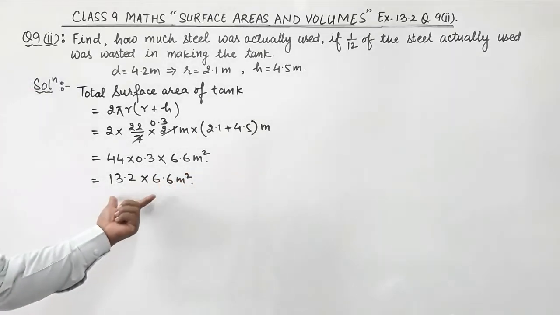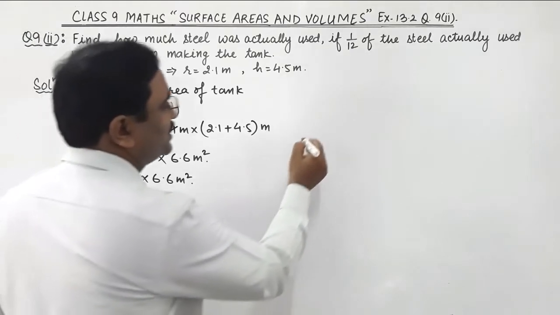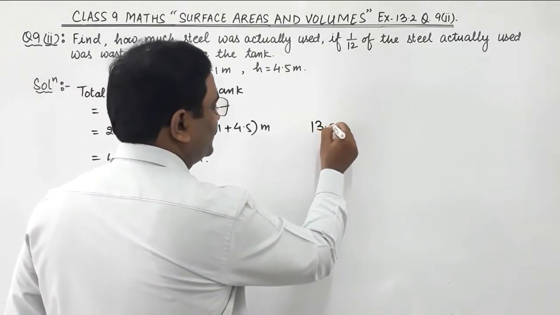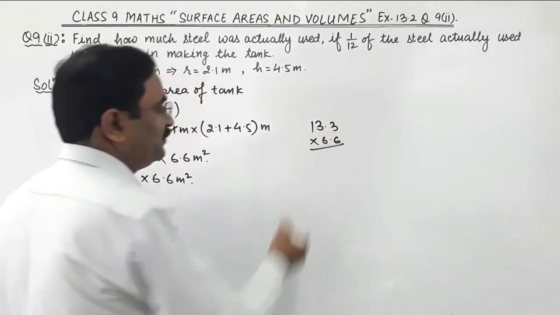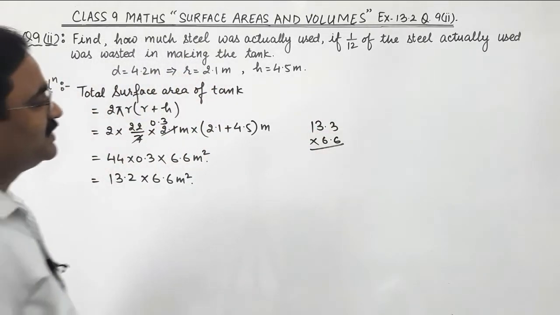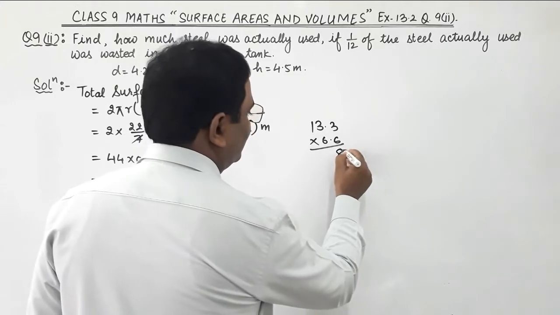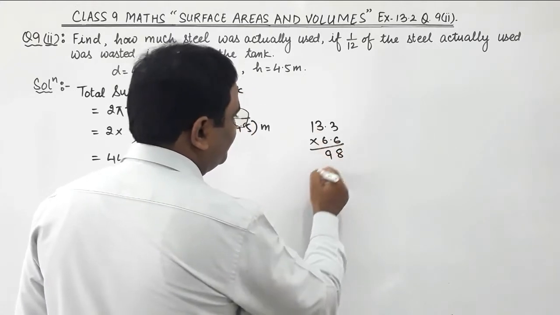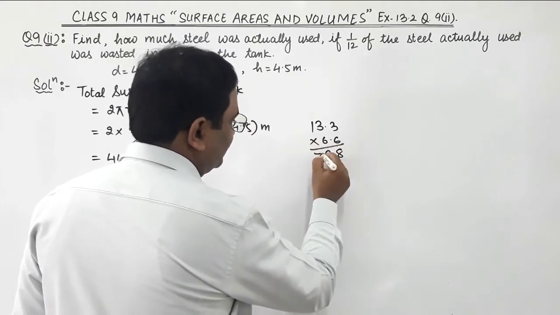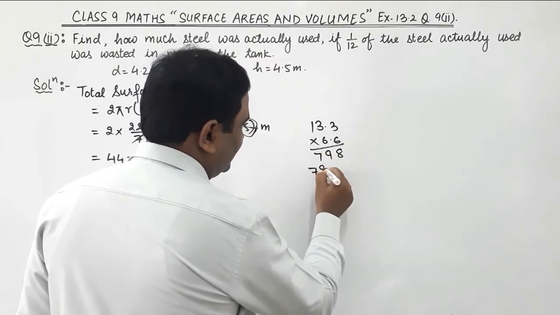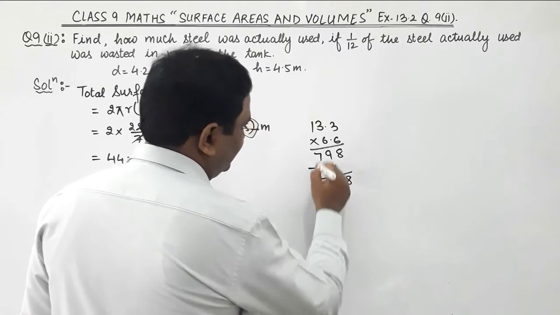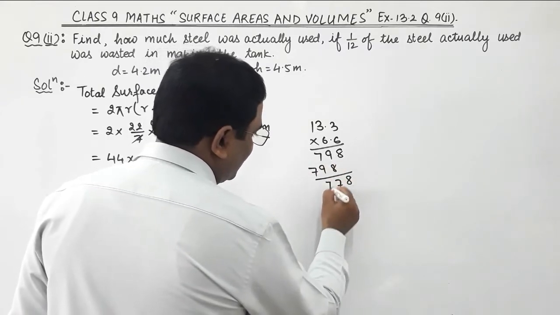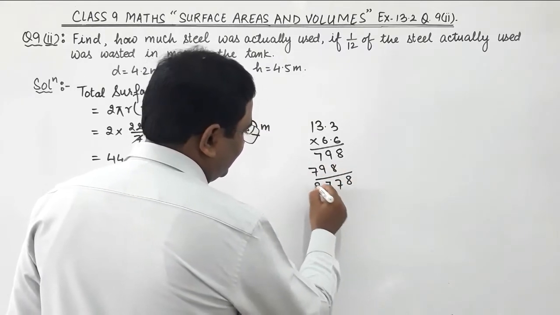So we have to multiply 13.2 into 6.6. 6 3s are 18, 18 1 19, 6 1s are 6 1 7, 7 98, 8 17, again 17 and 8.